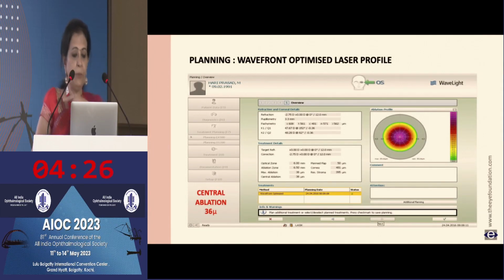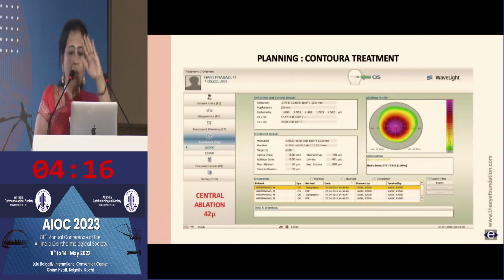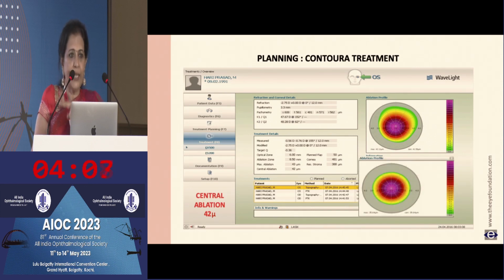So for example here, for a refractive correction, it needs 36 microns. For the small aberrations which are there, the trefoil, to get corrected takes 6 microns. And the final ablation profile which the topo-guided treatment demands is this. But it should compare with the refractive profile, and you can see they are nearly similar.